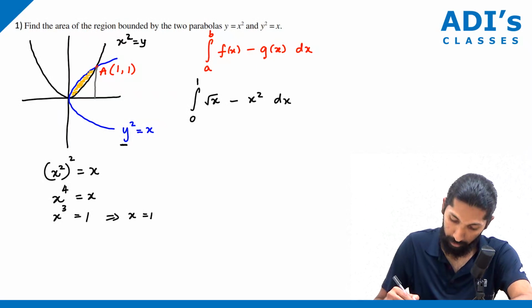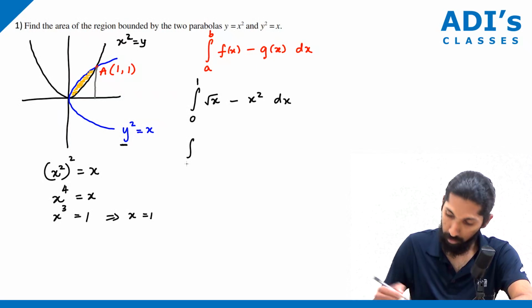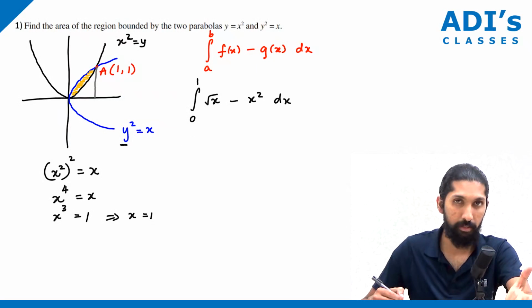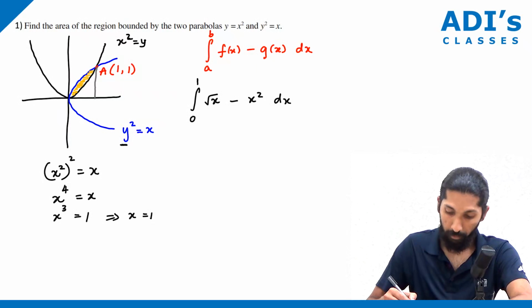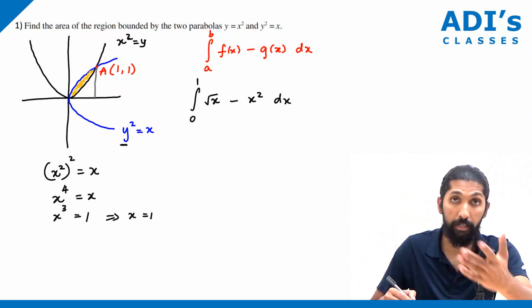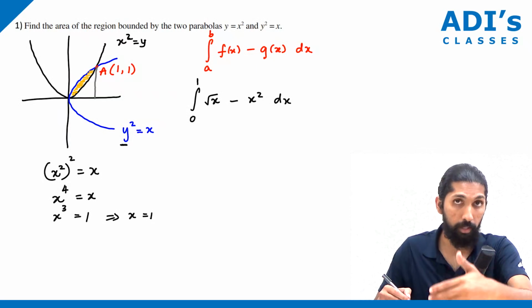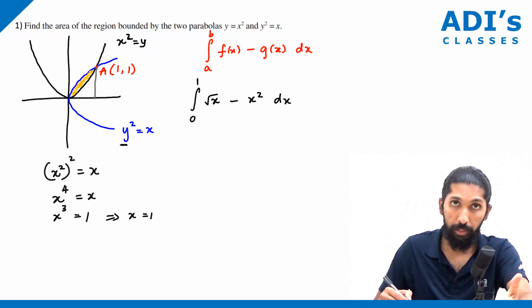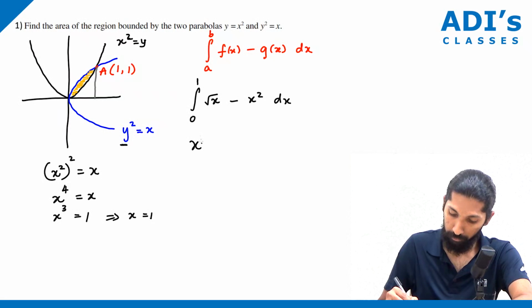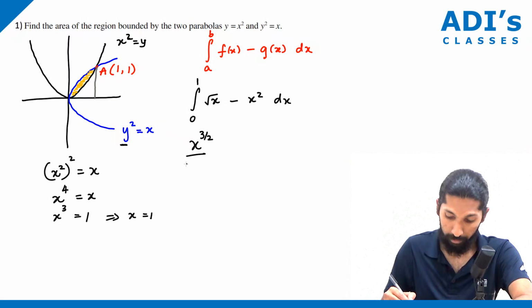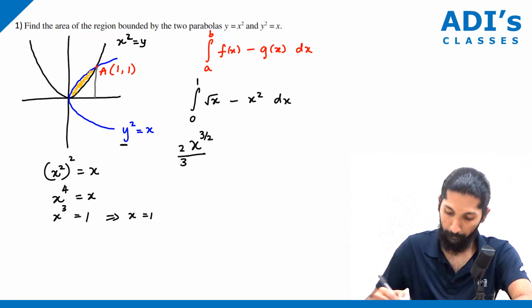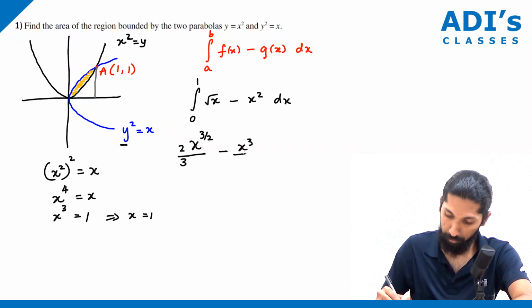Once you integrate, I think it's much easier to just integrate x power half, right? When you integrate that, x to the power of half, 1 by 2 plus 1 becomes 3 by 2. So x to the power of 3 by 2 divided by 3 by 2, or you can write this as 2 by 3. Fair enough? Minus x cube by 3 from 0 to 1.